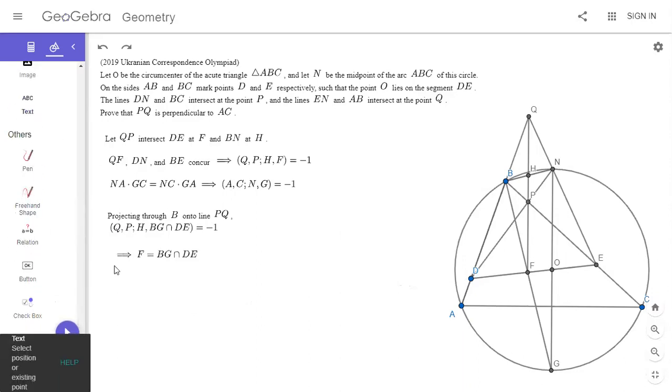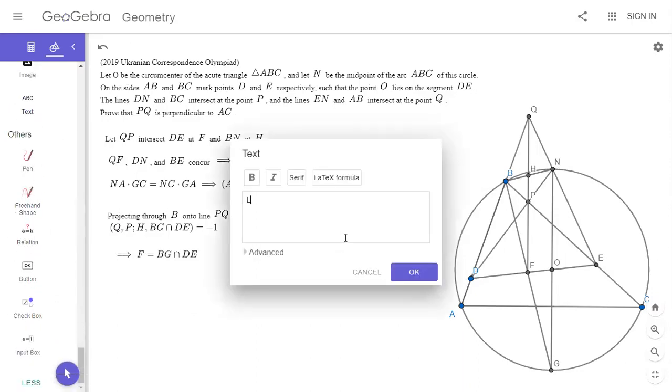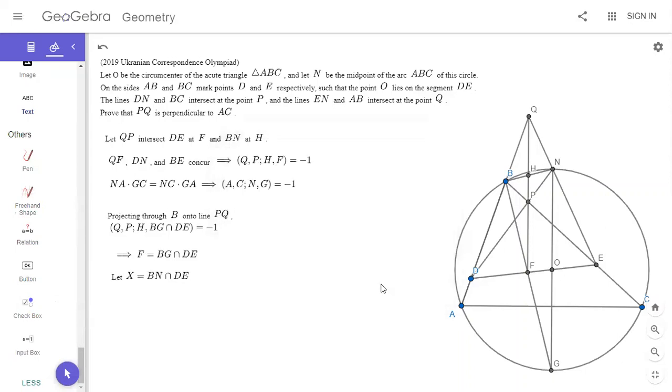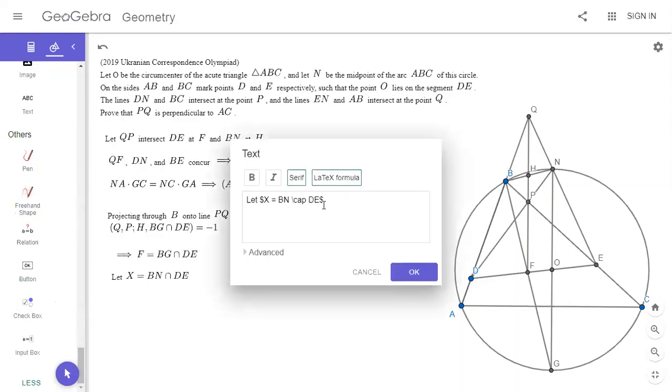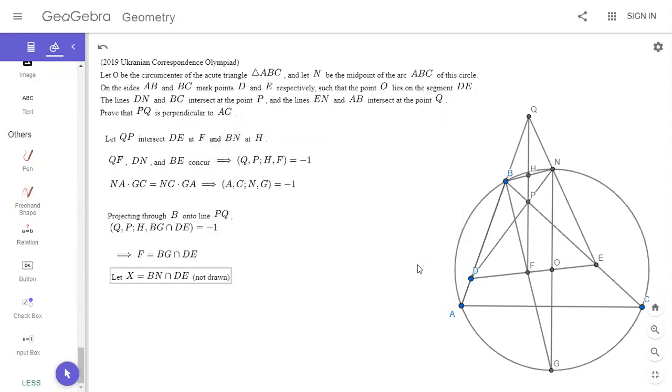I'll say it like this. Let X equal BN intersect DE. I'll say not drawn. Then B, N, H, X are in harmonic conjugation.